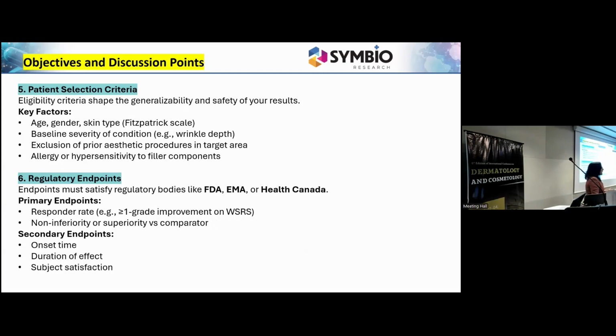Say, if a person has already had some sort of procedure done on the nasolabial folds and is coming to this sort of clinical trial as a participant, then it should be clear that whatever we are going to inject, it may or may not have the desired results because there has been a prior treatment. So really formulating the inclusion-exclusion criteria in any sort of protocol is very, very important.